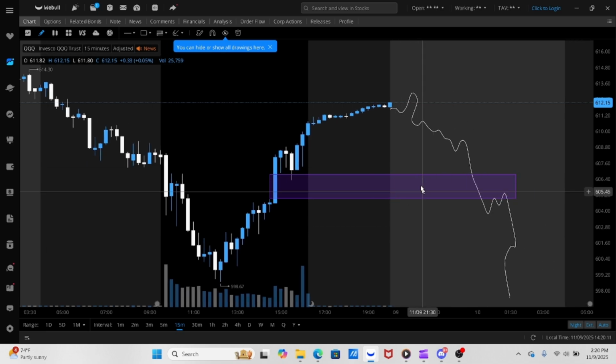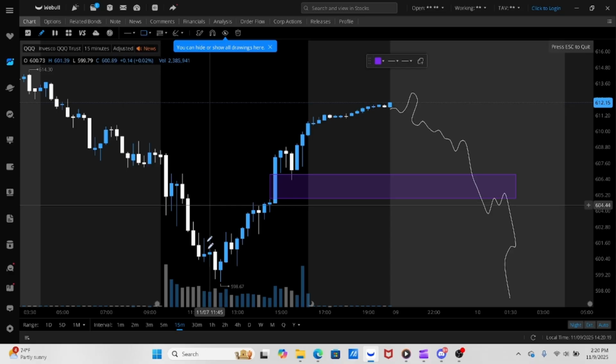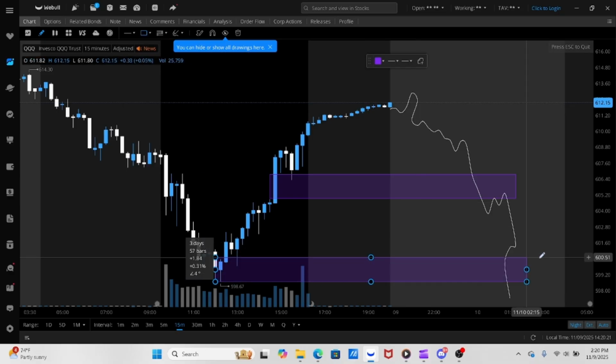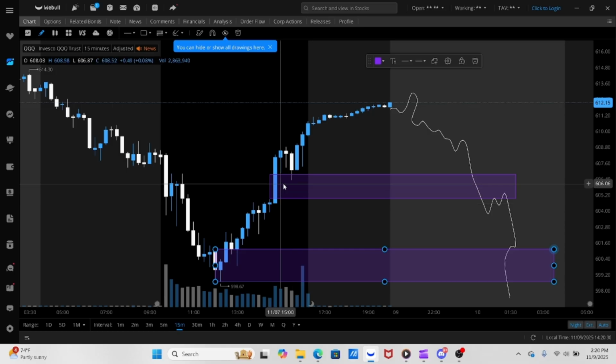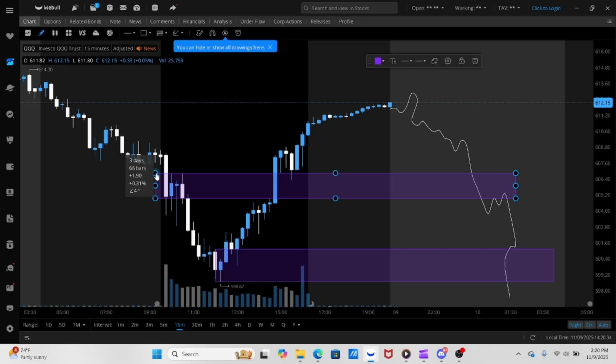So as long as we hold above this gap, now what it could do is also even rebalance into this order block and then send higher, but I think that's pretty unlikely just because we've already rebalanced into this gap and we're holding above those order blocks that we disrespected.